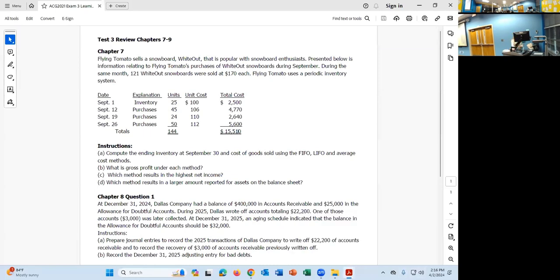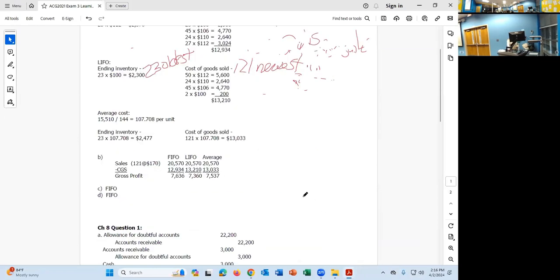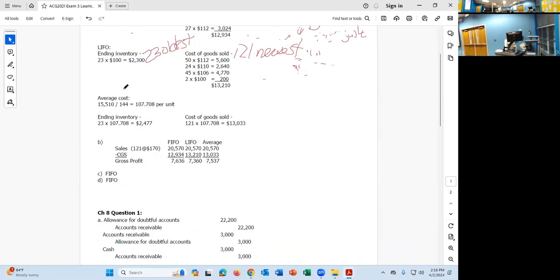Once we have that, we can come up with our cost of goods sold by taking that average cost times the units that we sold. To get ending inventory, we take our average cost per unit times the number of units that are left in ending inventory.